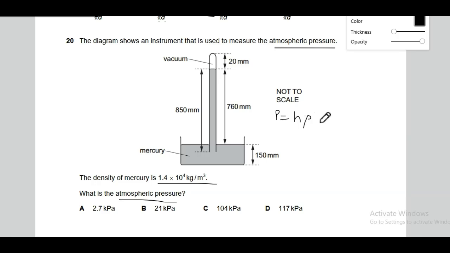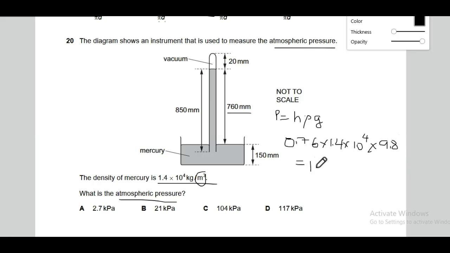So this is a simple calculation. H is 760 millimeter, which we have to convert into meters to keep the units consistent across all quantities. So 760 millimeter is 0.76 meter multiplied by rho, which is 1.4 into 10 to the power 4, multiplied by g, which we will take as 9.8.